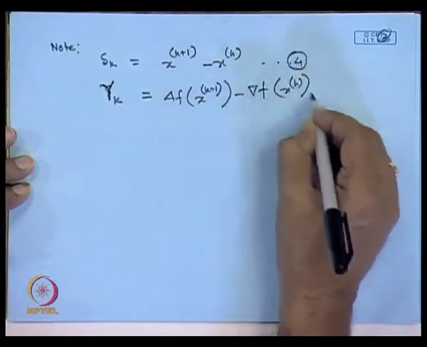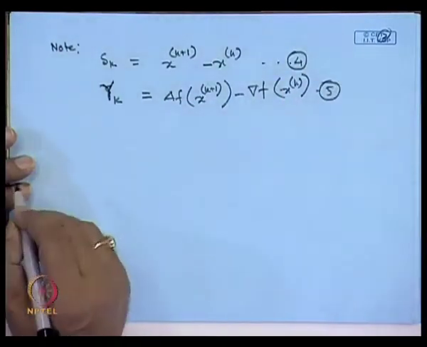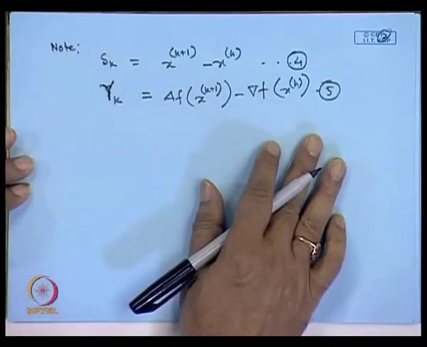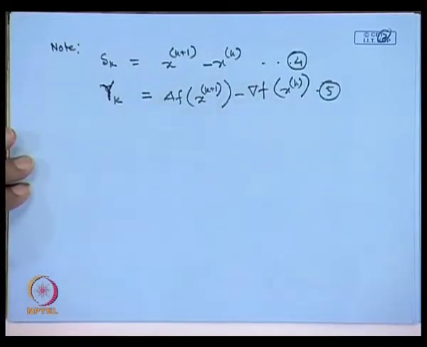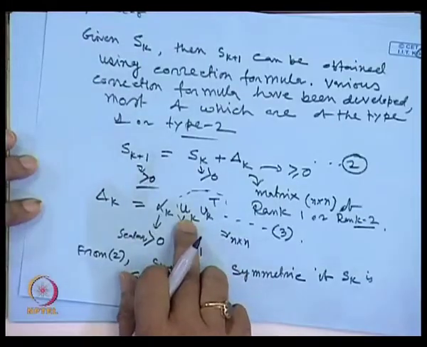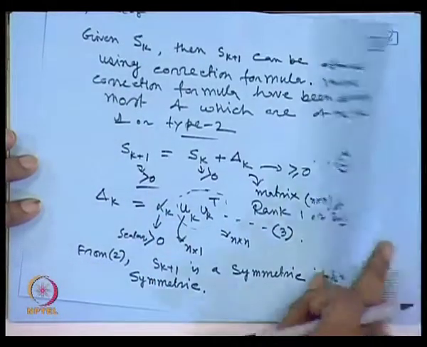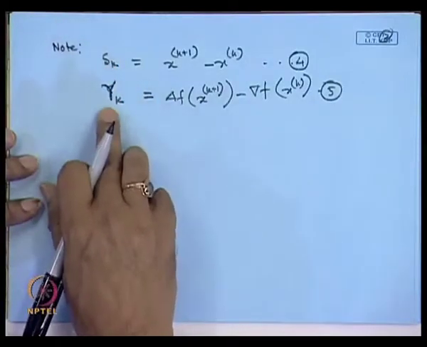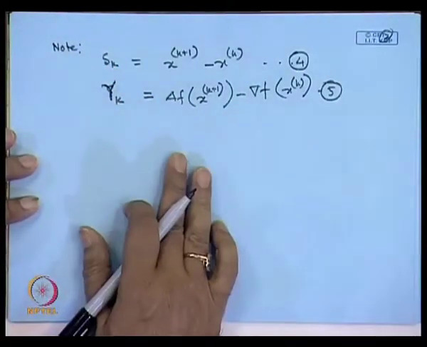So, this is 4 and this is 5. Again our main job now is to replace u k and alpha k in terms of the information delta k and gamma k. That is our next step, how to replace it.